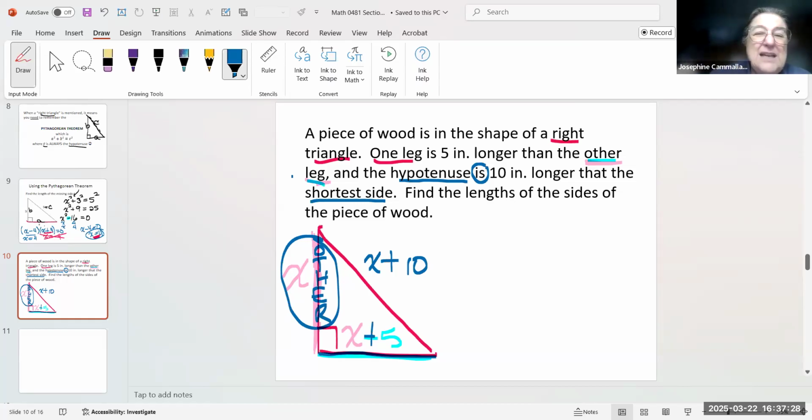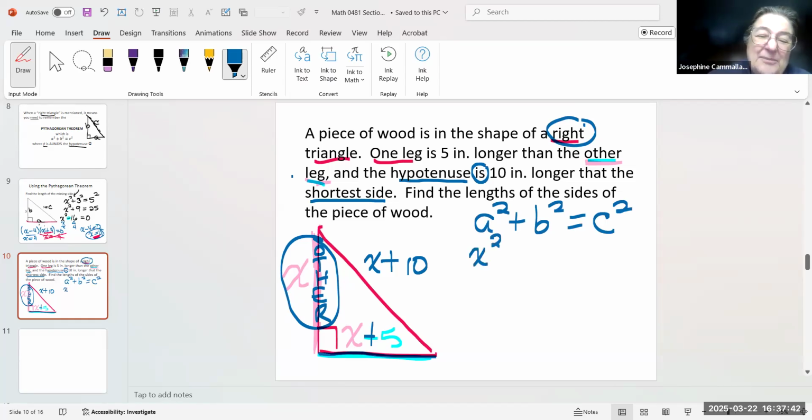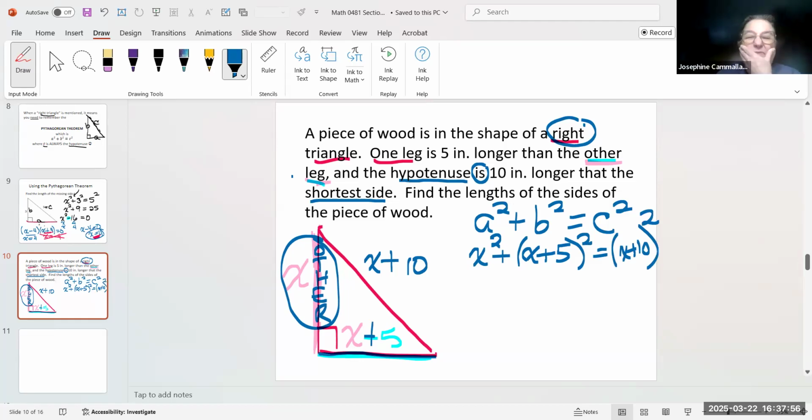Now, because we have a right triangle, it's a squared plus b squared is equal to c squared, which is other leg plus one leg equals x plus 10 squared. A squared plus b squared equals c squared.